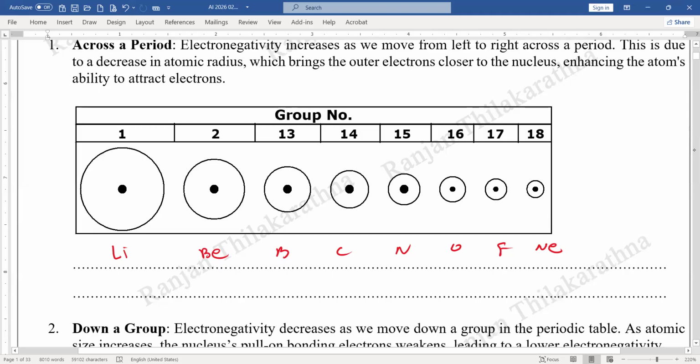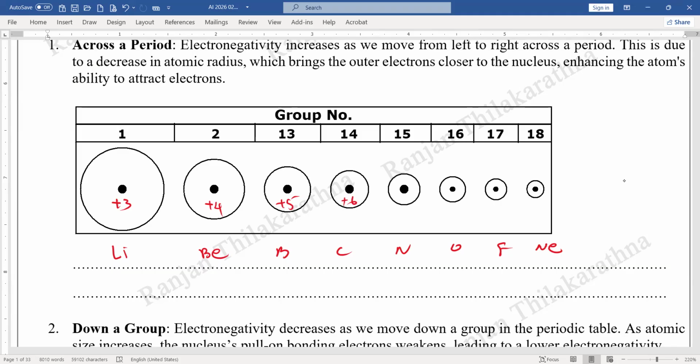Why? When we move from one element to another, arranging them in increasing order of their atomic number, the nuclear charge is increasing and the number of electrons is also increasing. That means the nuclear charge is +3 in the case of lithium, beryllium +4, boron +5, carbon +6, and so on.